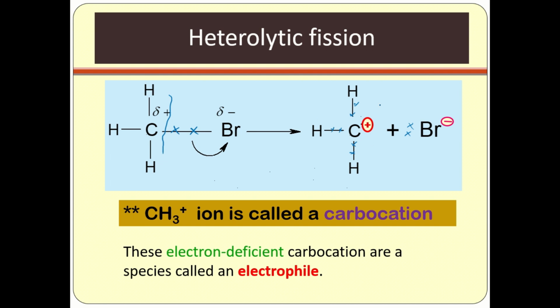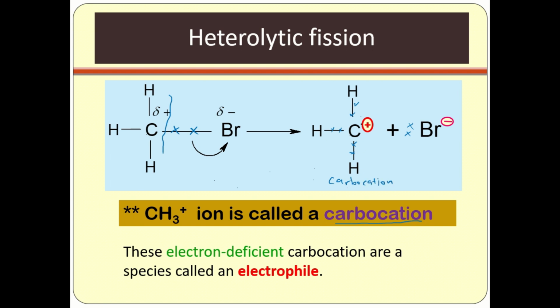Now this type of species is called a carbocation. A carbocation is when an organic molecule undergoes some bond breaking and the species that is produced has a carbon with a positive charge. So this species is called a carbocation.